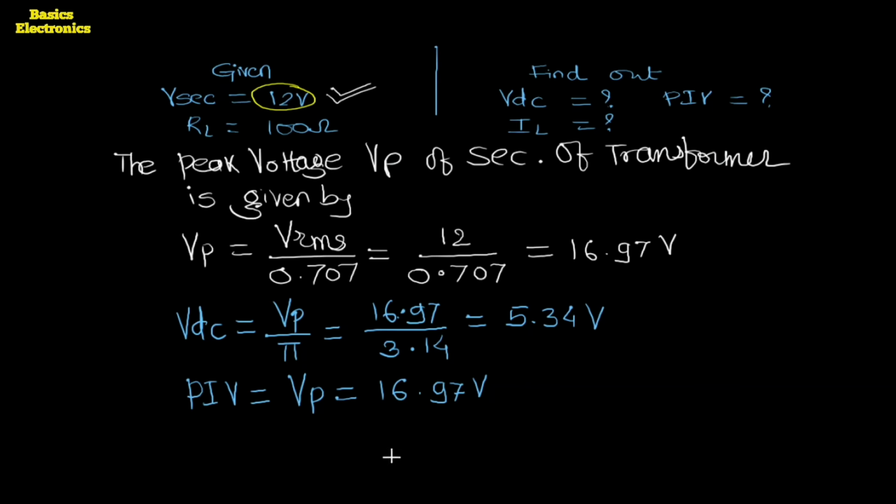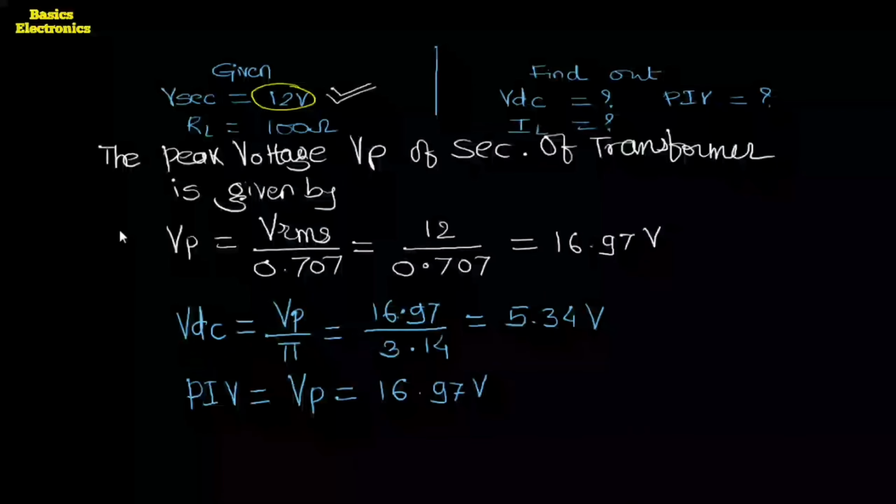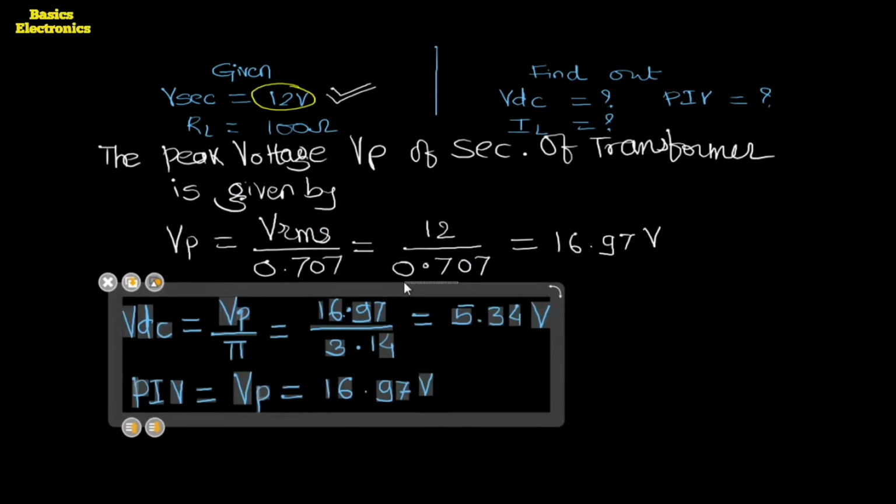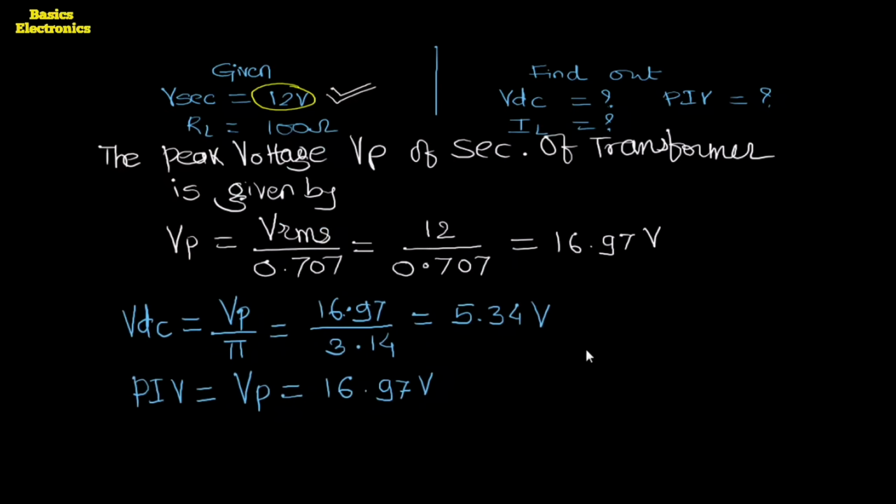Okay, now the next we have to calculate is the load current IL. The load current IL is the current flowing through the load resistor RL, and it is given as IL equals to VDC upon RL.